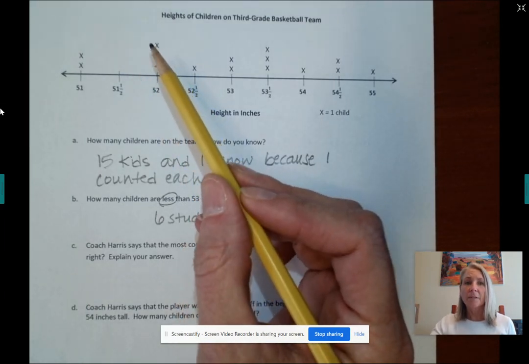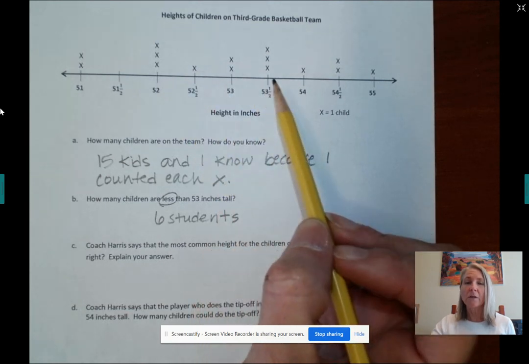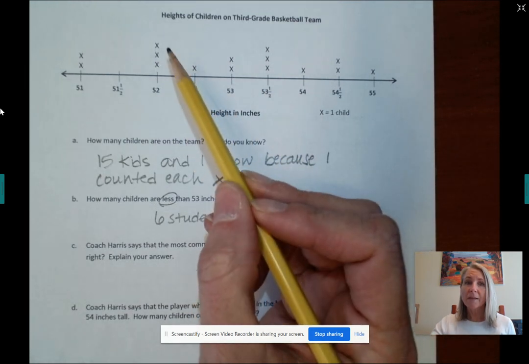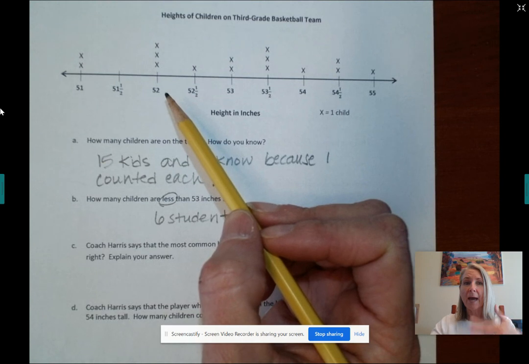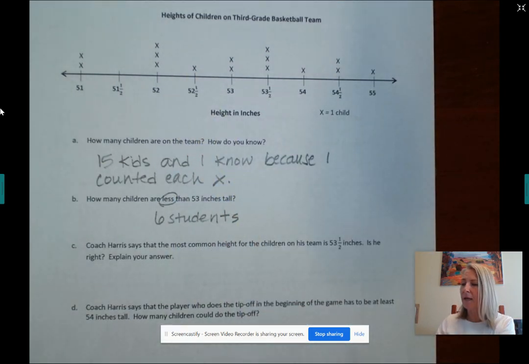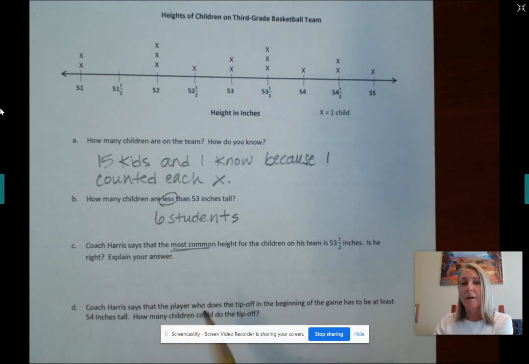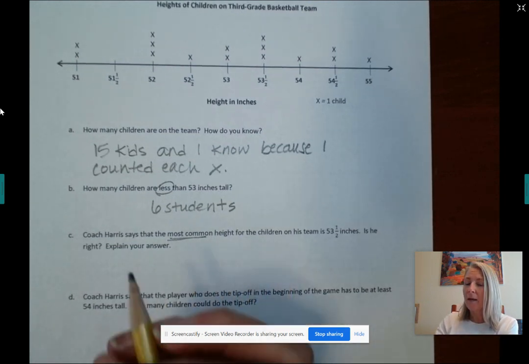Hopefully you notice that 52 also has 3 students that measured that height. So this is a common height, but this is an equally common height, because they both have the most kids that fall at that height. Most common means the most often marked on the graph. So is he right? No.